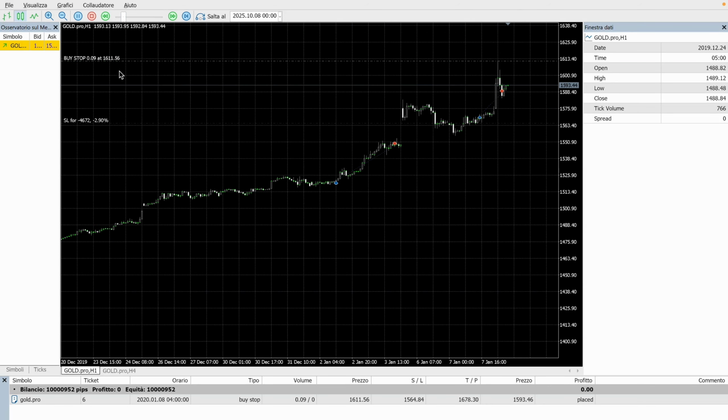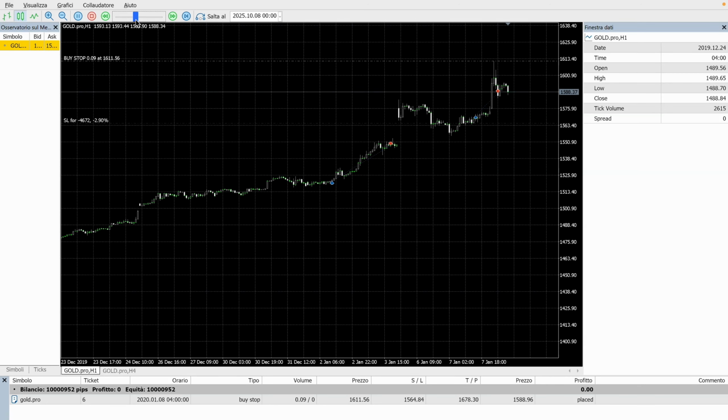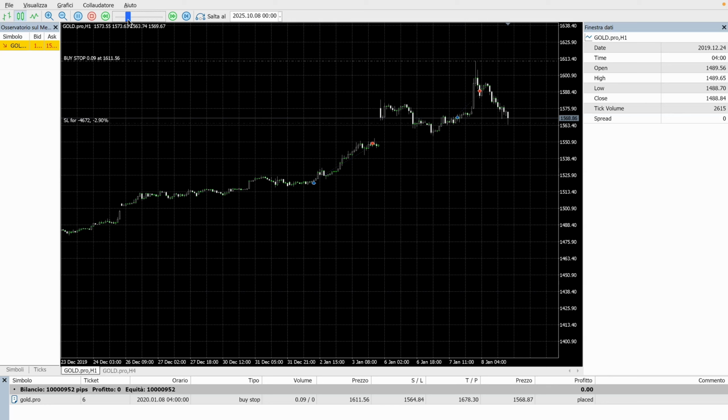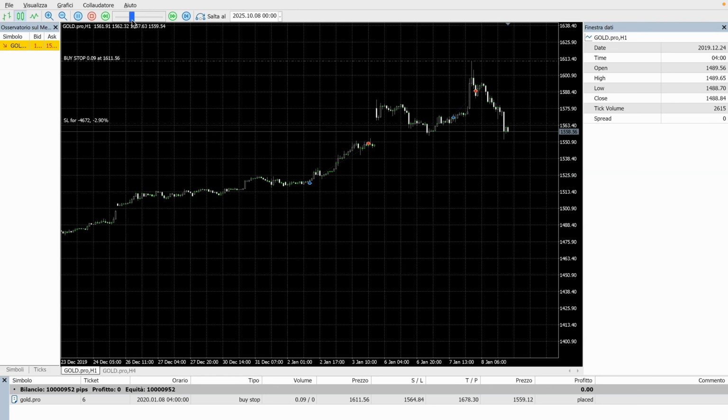The stop loss seems very big, but just because the price here did an insane movement, and the stop loss is based on the ATR. In this case, maybe you can think that it's too much, but after 7 years of data, I saw from the optimization tests that it was the best thing to do.